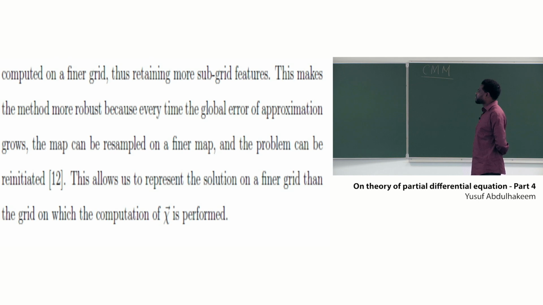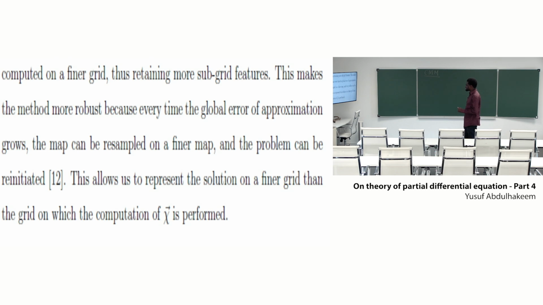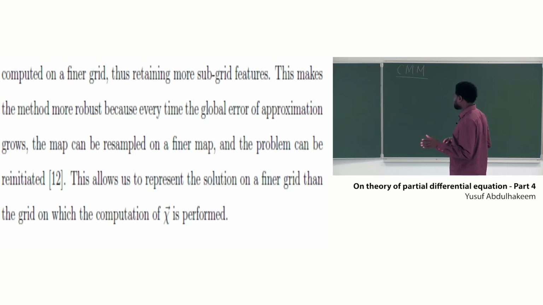This makes the method more robust because every time the global error of approximation grows, the map can be resampled on a finer grid. What we are trying to say is that the method has the ability to adapt.